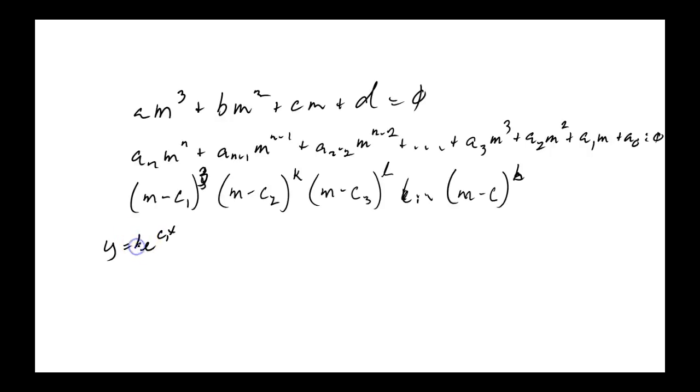Let's call them k: k1 e to the c1x plus k2 x e to the c1x, just like we did before with multiple roots. When you had a repeated double root, you did 2 of them. Now you've got triple. So that would be plus a k3 x squared e to the c1x. Okay?